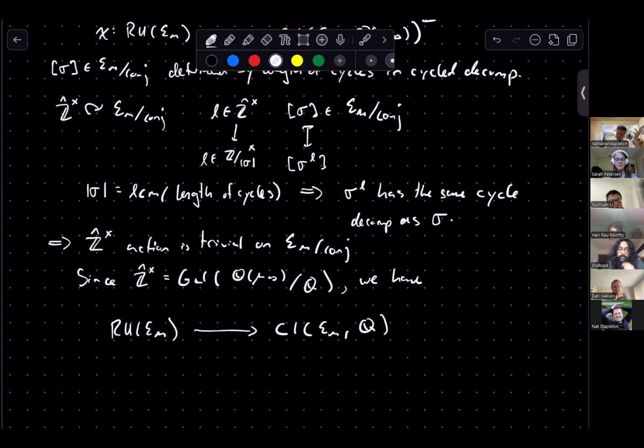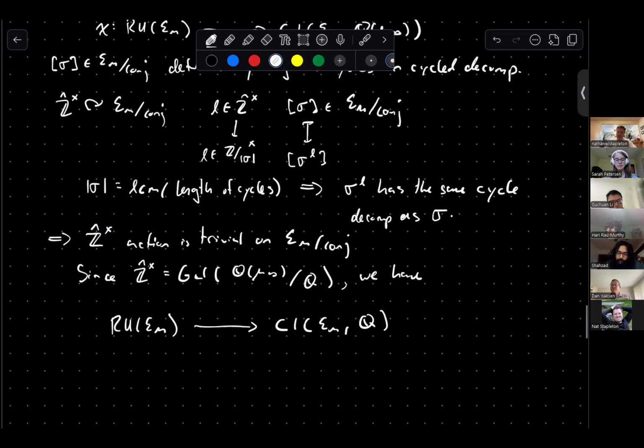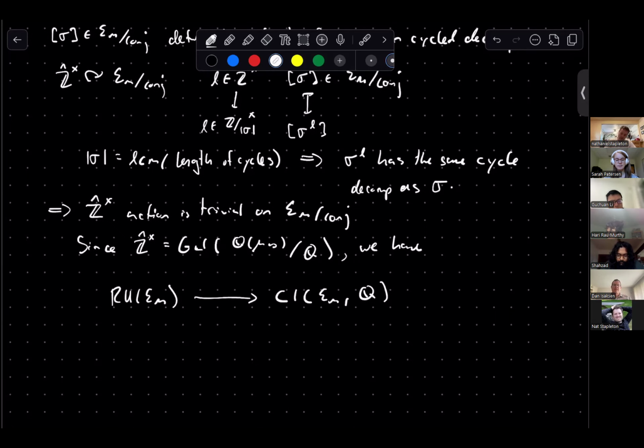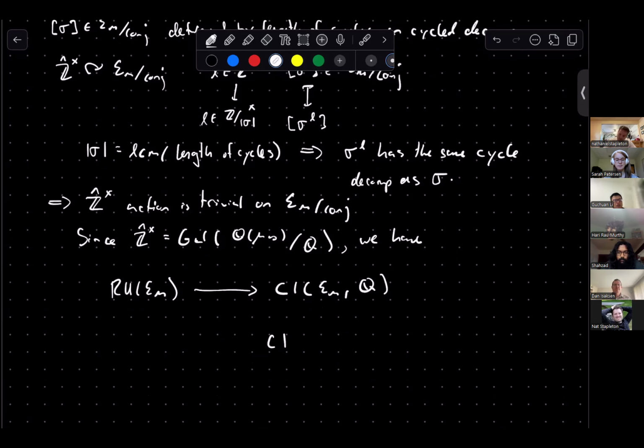But when we define the character map, the way it was defined was by adding up some roots of unity along the diagonal of a matrix. And that process always has to land in the algebraic integers because we're just adding up some roots of unity. And so, in fact, inside of here, I've got the integer valued class functions.